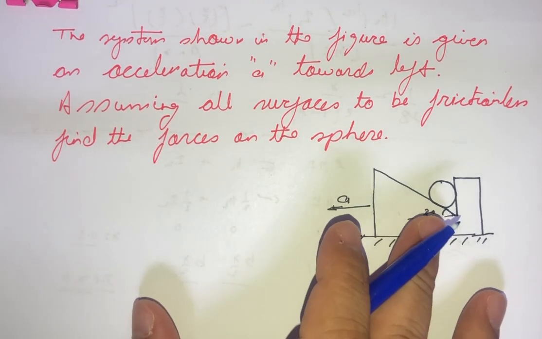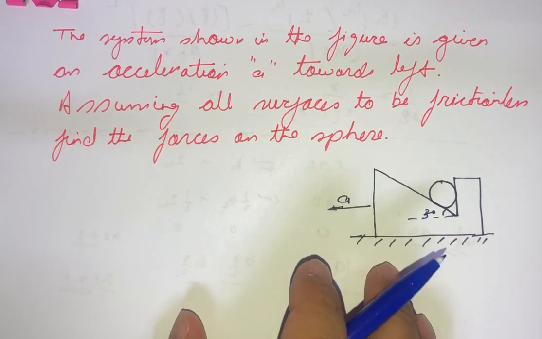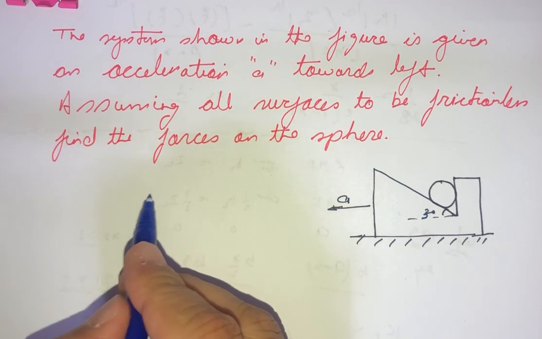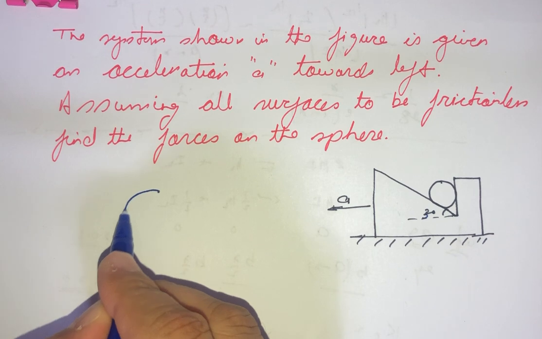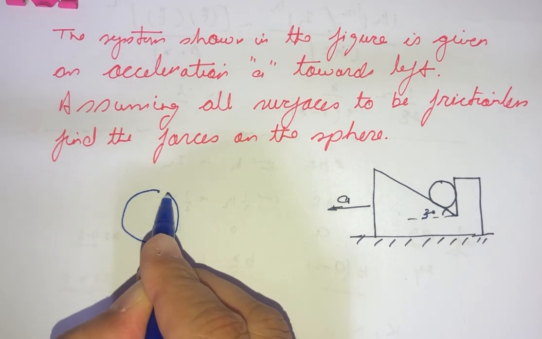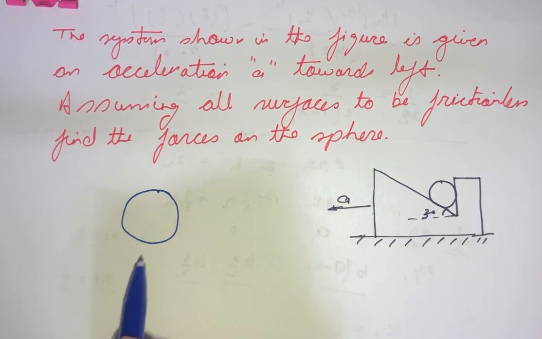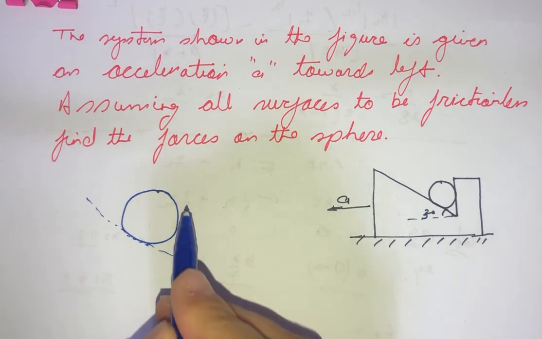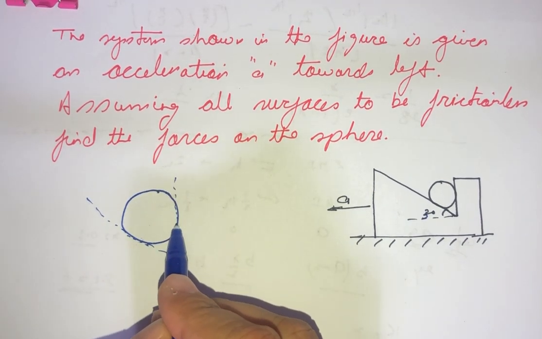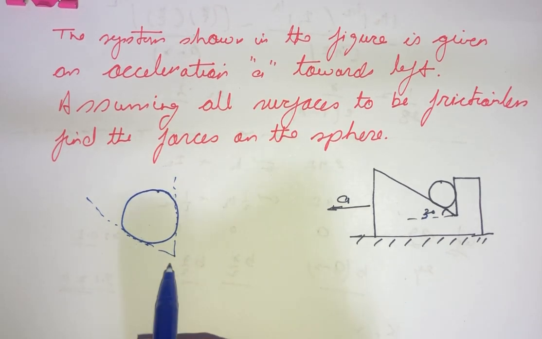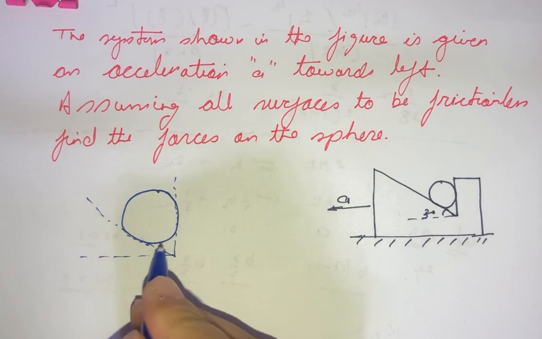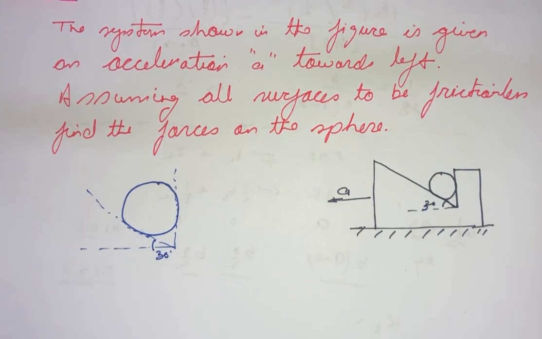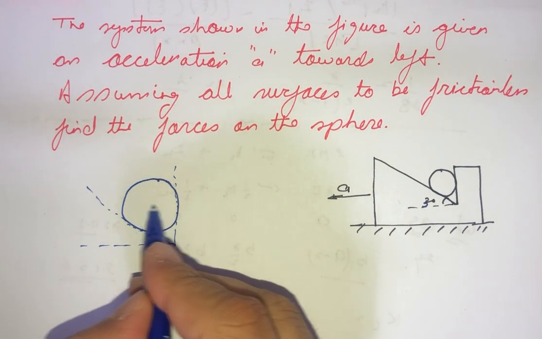diagram with respect to the sphere which represents all the forces. So this is a sphere and it is resting on a wedge like this, and the angle of this wedge is given as 30 degrees.